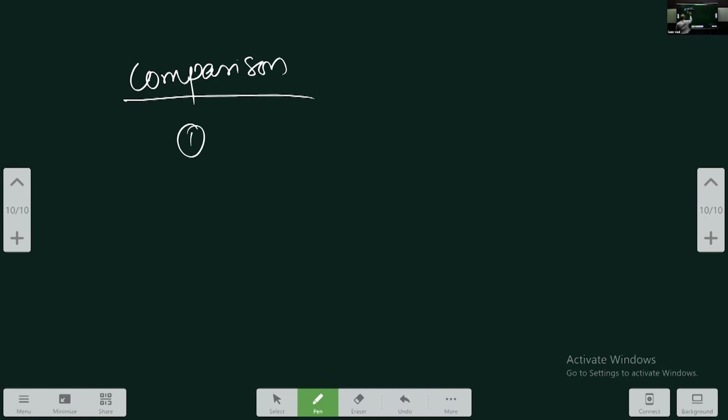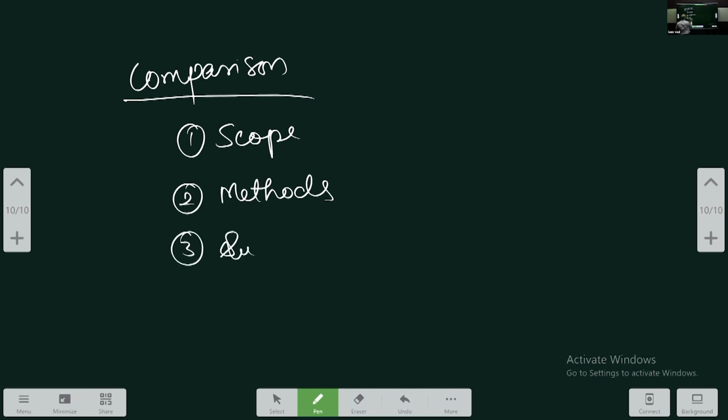First, scope. Second, methods. 3, subject matter. 4, sub-branches.